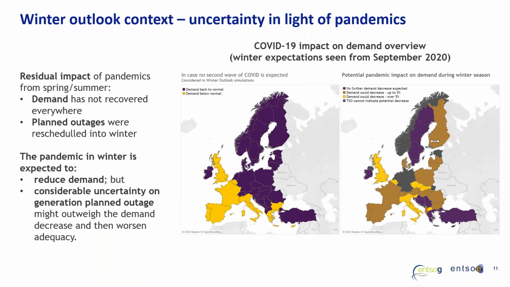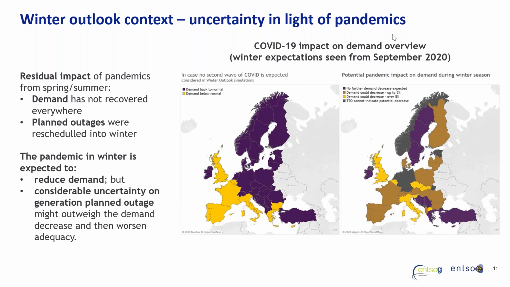So on this slide, the question is: in the COVID scenario, you have a category purple color of no further demand reduction. What original decrease does this refer to? What does this imply for the other color codes on the graph, under or over 5% reduction on top of what?